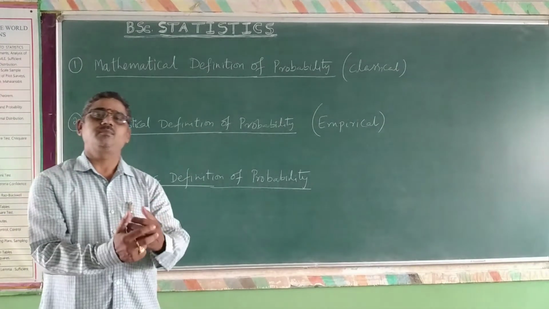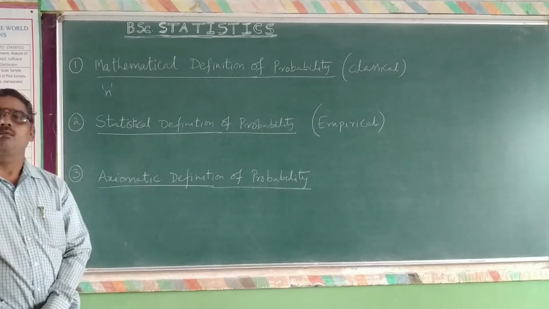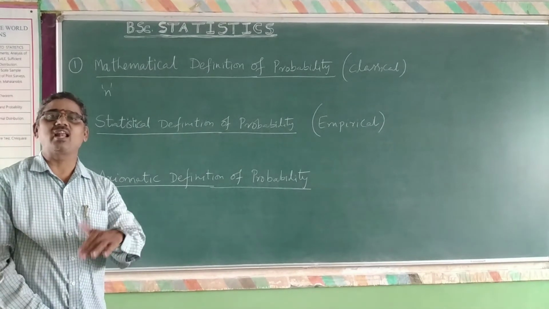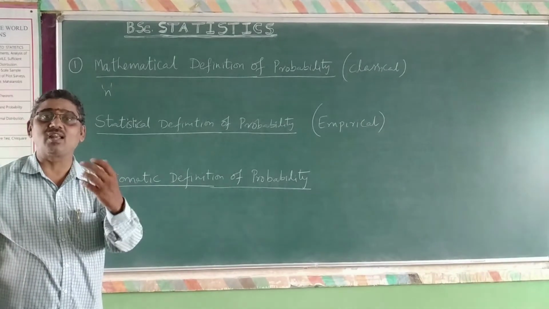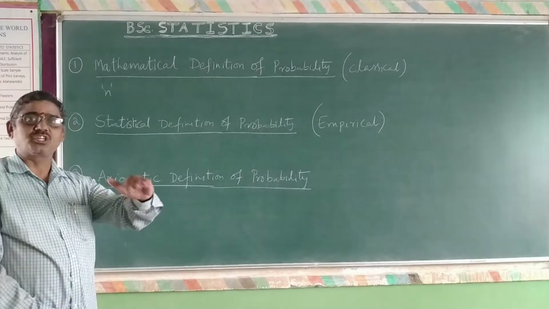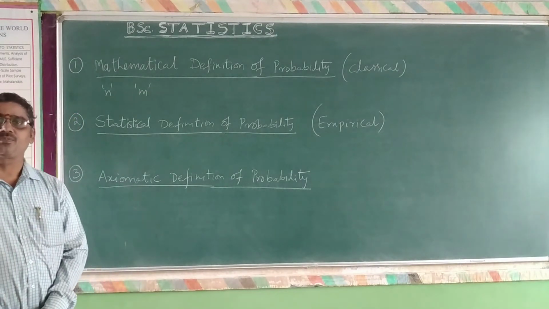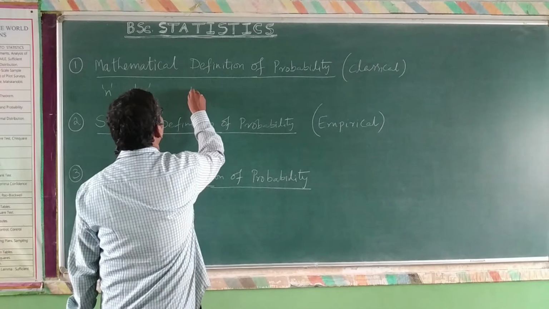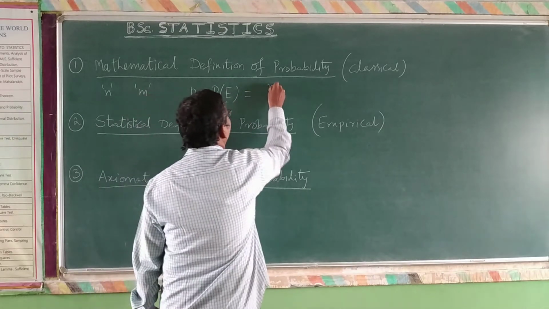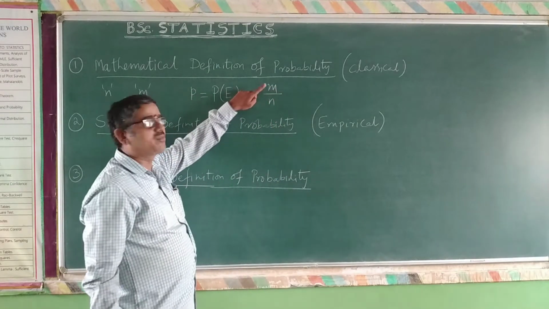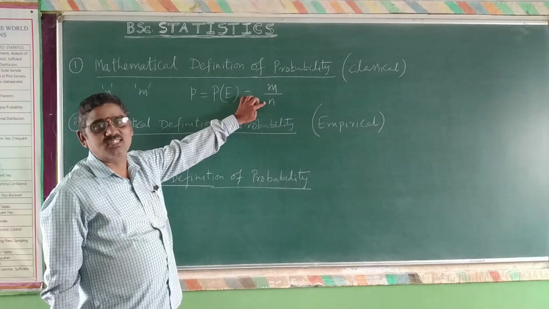If we consider n exhaustive, mutually exclusive, equally likely events, out of which, for example, m (small m) are favorable outcomes, then the mathematical definition of probability, denoted by P or probability of E, is calculated as m by n, that is, the favorable number of outcomes divided by the exhaustive events, the total number of outcomes.